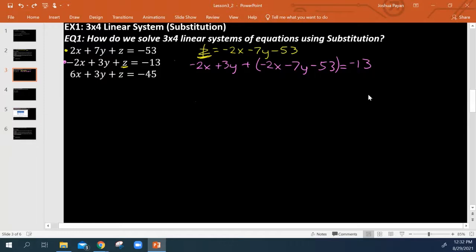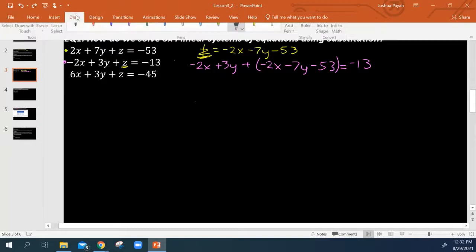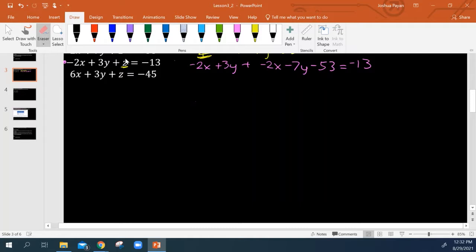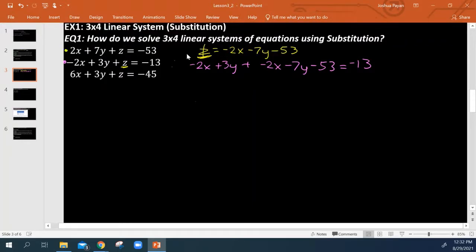Okay, so I don't need these parentheses here. There's not anything being distributed into them, so I'm going to go ahead and drop them, and I'm just going to combine like terms where they are, and then I'm going to solve for another variable, and see which one's going to be easier. So negative 2x, that's going to give me negative 4x, positive 3y, negative 7y, that's going to give me minus 4y, and then we've got the minus 53 there, the only constant on the left side of the equation, bring down the negative 13.